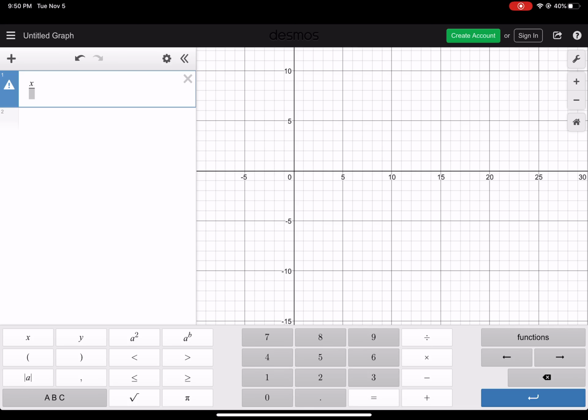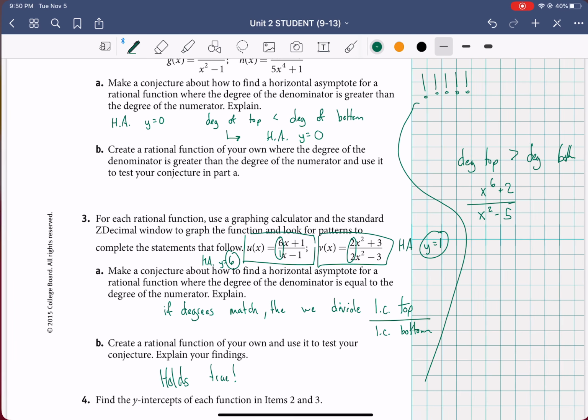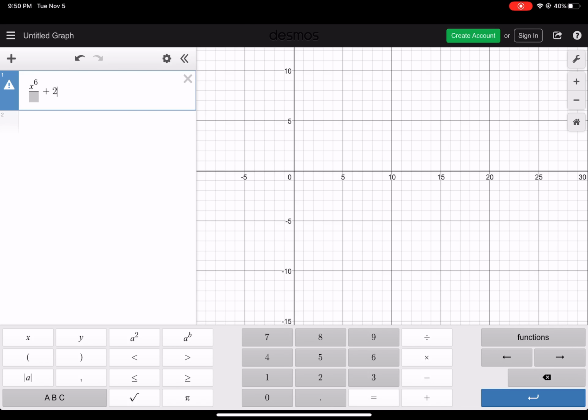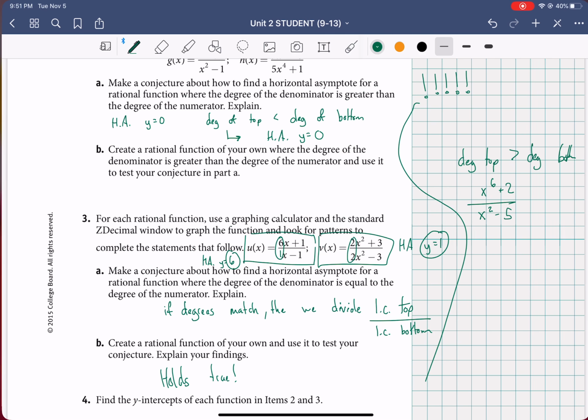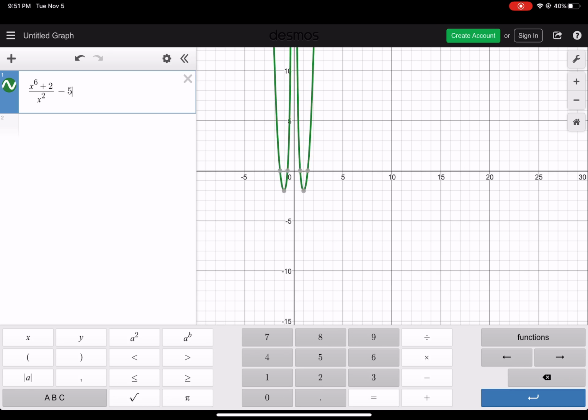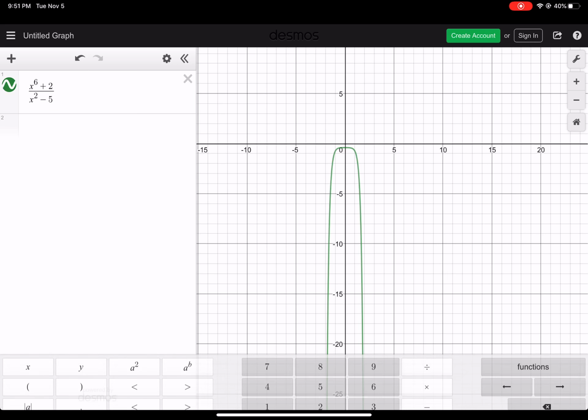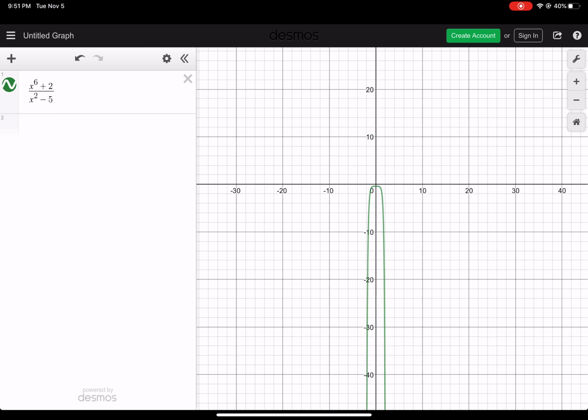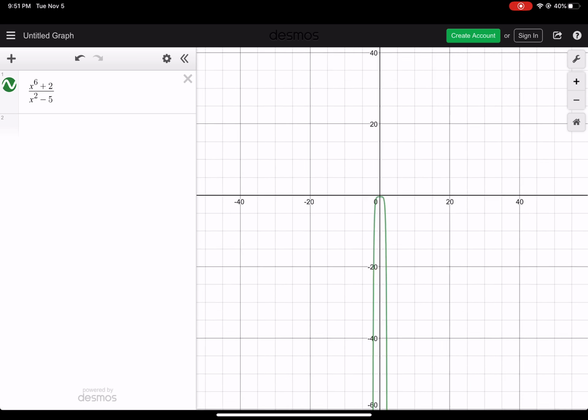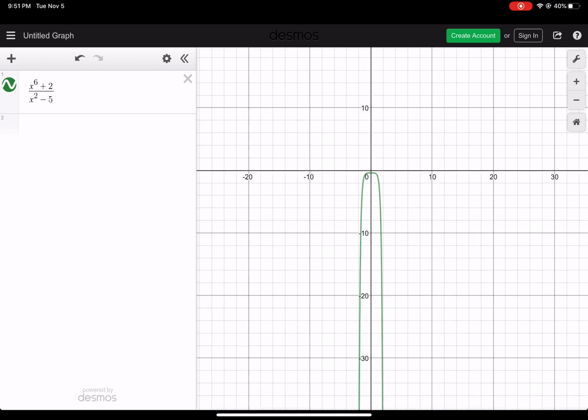So x to the 6 plus 2, and then we have x squared minus 5 on the bottom. So this really doesn't look like a rational function, right? It just looks kind of like a weird parabola.